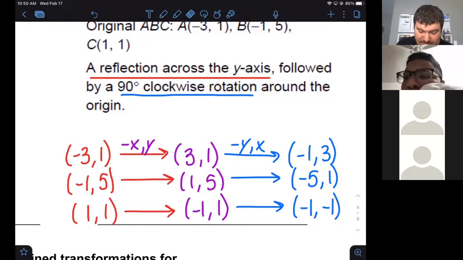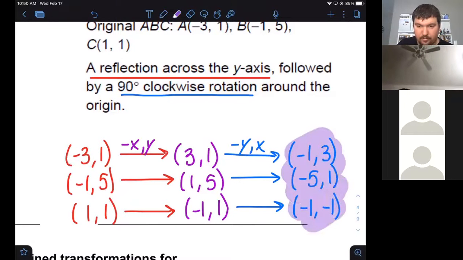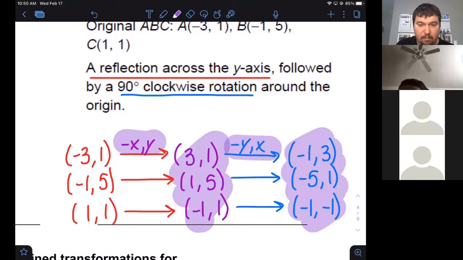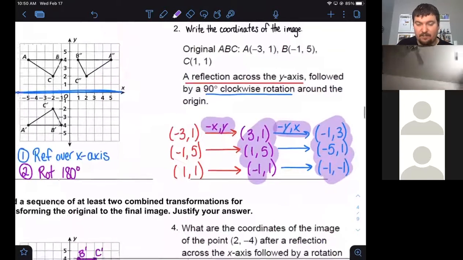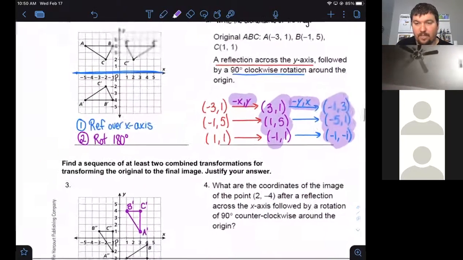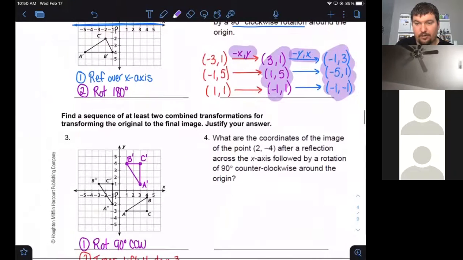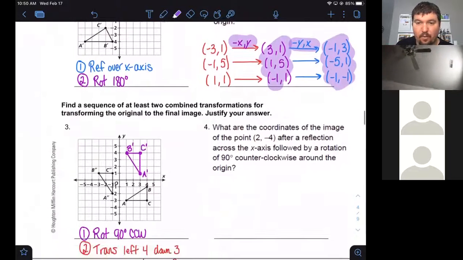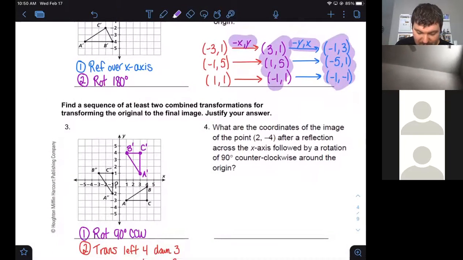So technically, this is my answer, but I want all of it. I want to know what the in-between points were. I want to know what you did both times. And so I want number 4 to look the exact same way after you do those two transformations, except number 4 is going to be even easier because they're only asking you to do one point instead of three. So it's going to be a third of the work.